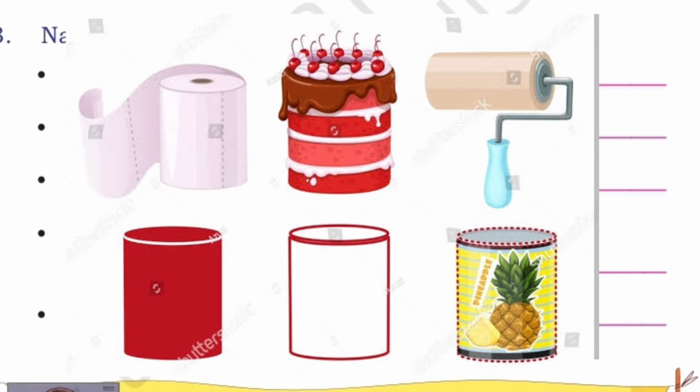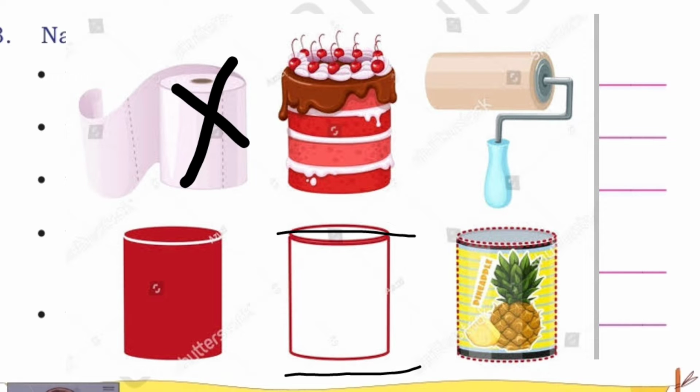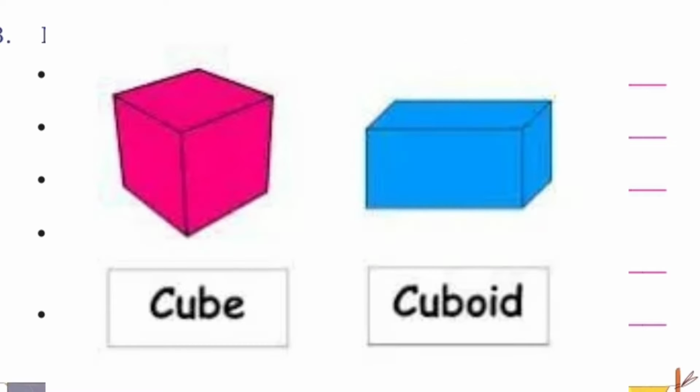So first we have the cylinder. If we look at the cylinder shape, look at the top and the bottom of the cylinder. Both have flat faces. The question is only curved faces, so the cylinder does not have only curved faces, as we can see the flat faces.